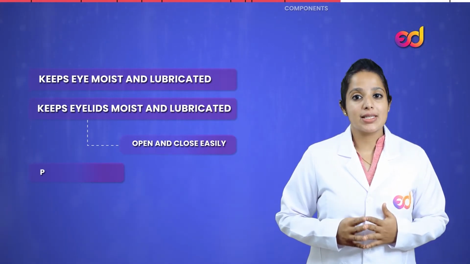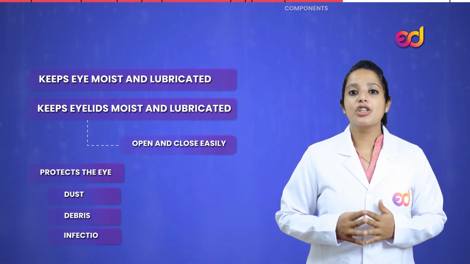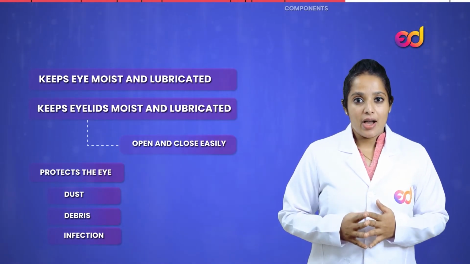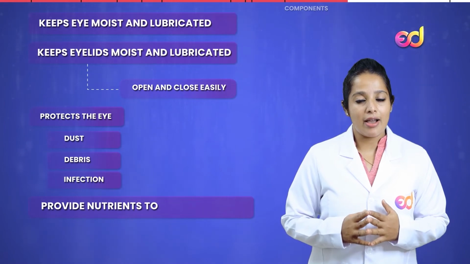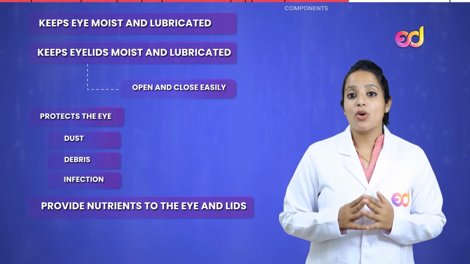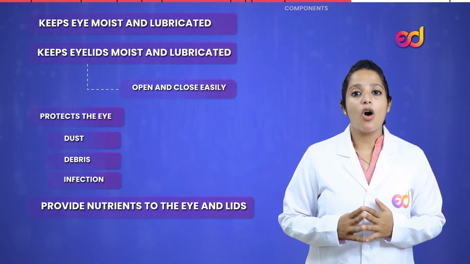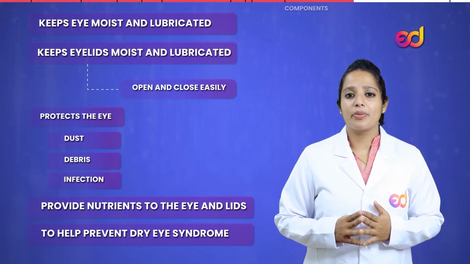It also protects the eye from dust, debris, and infection-causing microorganisms. The conjunctiva has many small blood vessels that provide nutrients to the eye and lids. It also contains special cells that secrete a component of the tear film to help prevent dry eye syndrome.